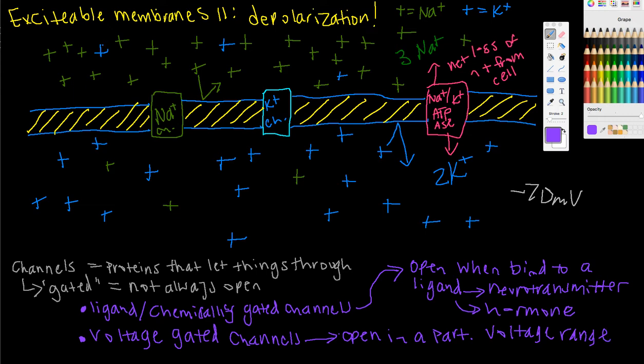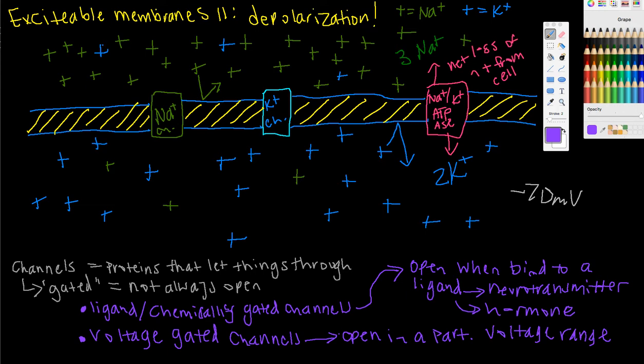So these channels can open and let things through to depolarize or undo the difference between the two membrane sides, depending on what chemicals are present or what voltage the membrane is currently at. Now, typically ligand-gated and voltage-gated channels are not the same channel. So you can have a ligand-gated potassium channel that opens when a certain chemical hits it. You can also have a voltage-gated sodium channel that opens at a particular voltage, but those channels are not one and the same. They're different because their opening is mediated by a different thing happening.